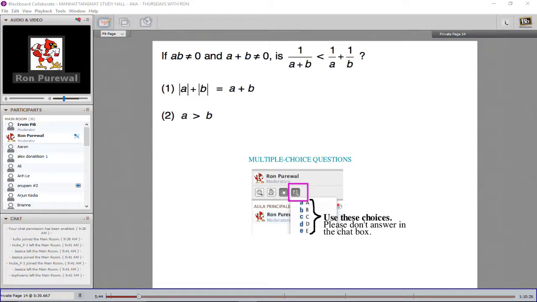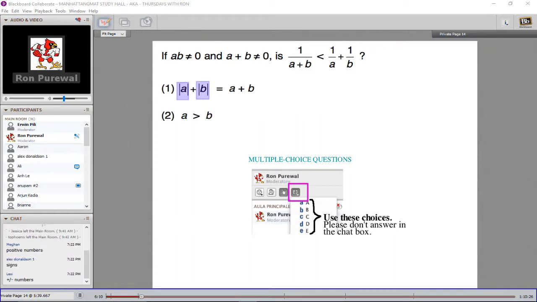Also, you should make sure that you get takeaways as far as cues to make you think about certain things when you see certain other things. Like when you see absolute values, what should you think about? Like what property of numbers should that bring to mind?